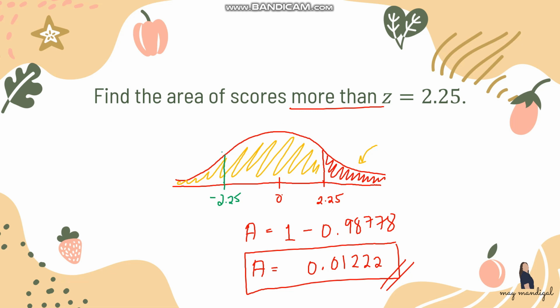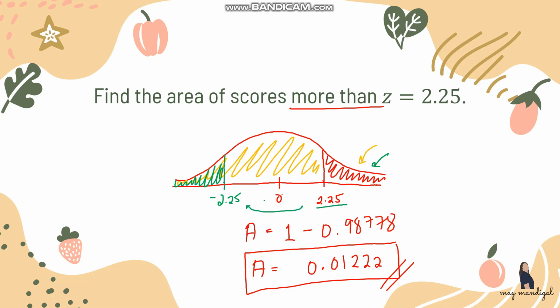So it means that negative 2.25 is the same as 2.25 in terms of area. Okay, because again, it is symmetric. The only difference is that the other one is to the right and the other one is to the left. So what you can do is, you can just convert your given z-score into its negative pair.